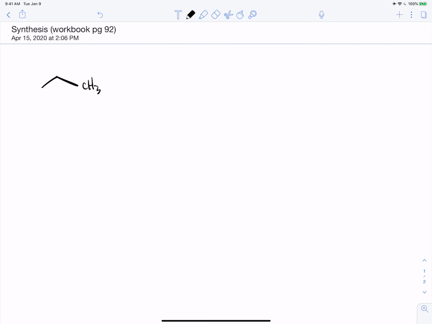The first problem is giving us a 3 carbon fragment, and it's asking us to take that to whatever this thing is over here.